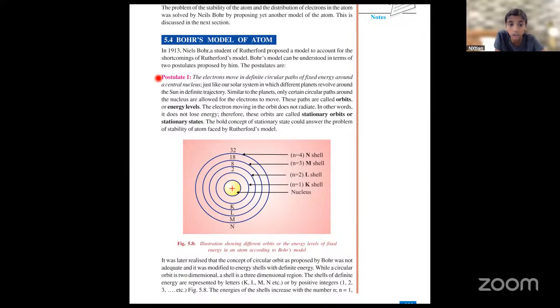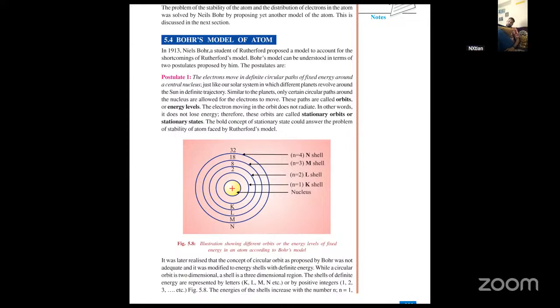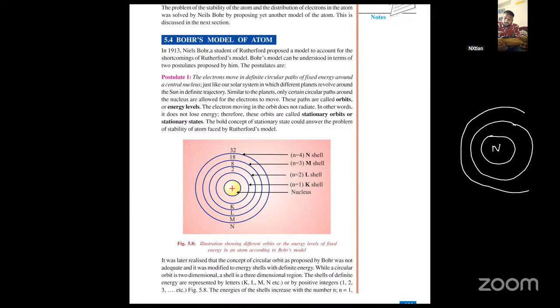So basically, what was the drawback? The first drawback is that if electrons are revolving around the nucleus, then they will radiate some energy, form a spiral path, and collide with the nucleus. That is a drawback of Rutherford. Now Niels Bohr said it is correct that in the center there is a nucleus and electrons are revolving around it, but electrons revolve in fixed trajectories.